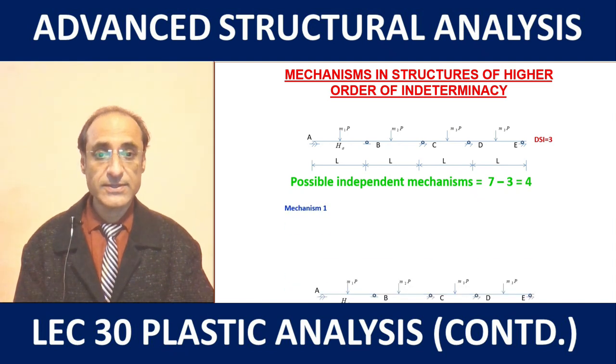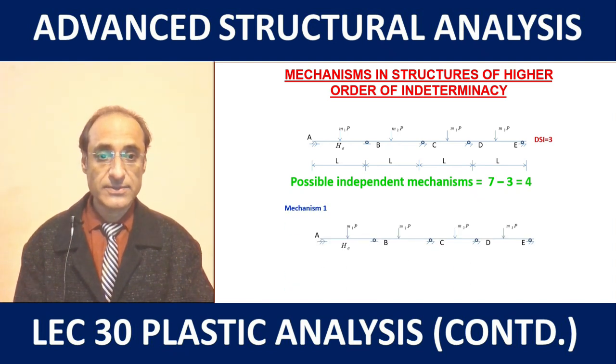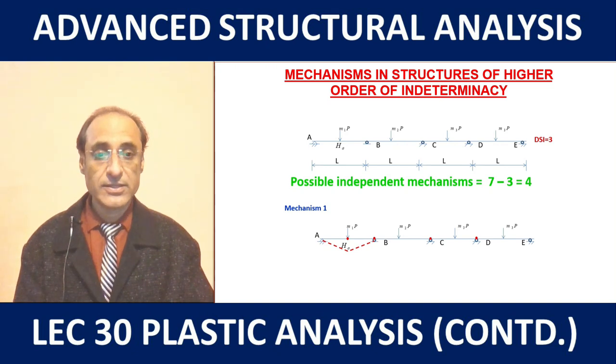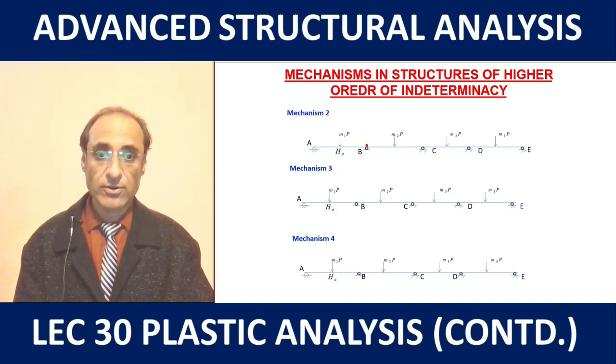One could say that the possible mechanisms are like these. Let's say we create hinges at these supports B, C and D, and then at the point of application of load in the first span, and this gives rise to this particular mechanism. Similarly, we can consider the other spans, and accordingly we'll have these mechanisms.